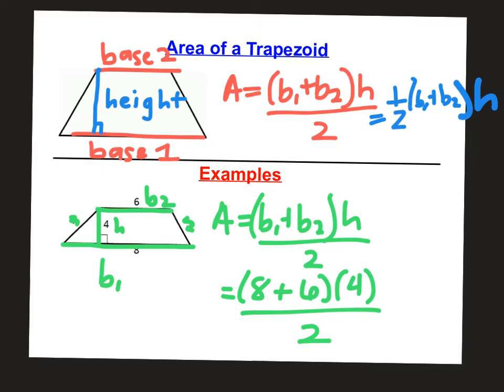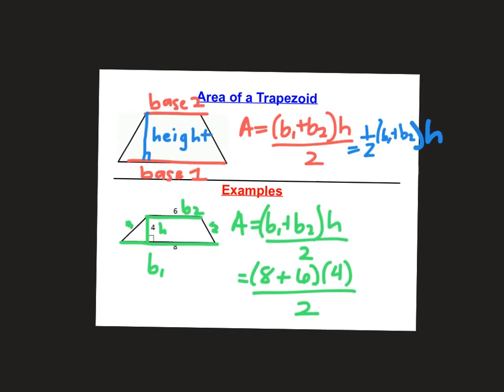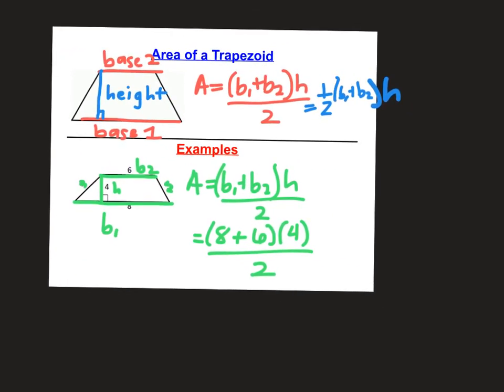Again, I'm going to simplify as we go. So the first thing I'm going to do is 8 plus 6. That would give me 14. So we have 14 times 4 and then divided by 2.